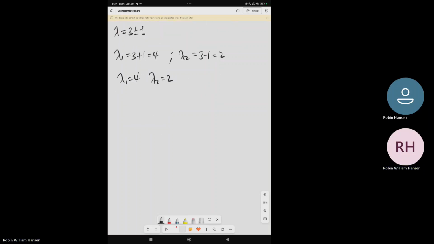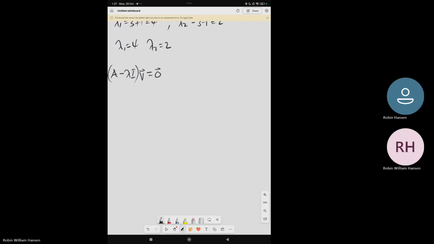Now, for each of the lambdas, we are going to find the corresponding eigenvectors. So you're going to use this formula for finding them: E minus lambda I times V is equal to 0, where V is a vector.